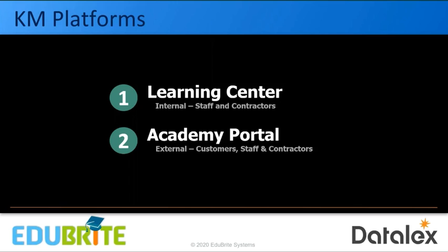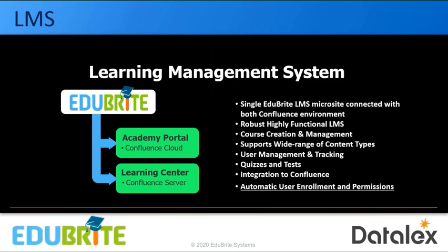The Academy Portal is presently in a Confluence Cloud environment, and that's where we publish both some of our Learning Center or our learning content out to our customers, and also that's where we publish all of our user guides, administration guides, some marketing slicks, API documentation, that kind of stuff is available to our customers via the Academy Portal. And of course, our staff and contractors also have access to that environment too.